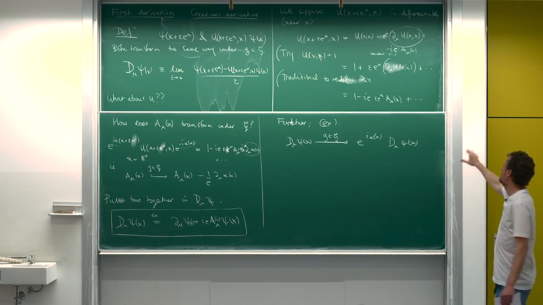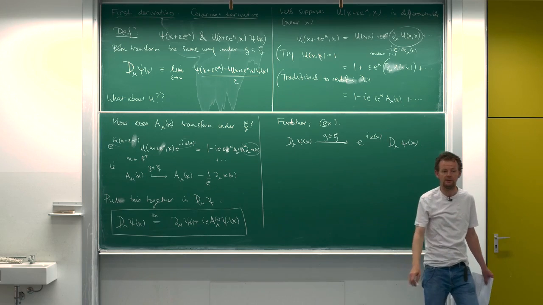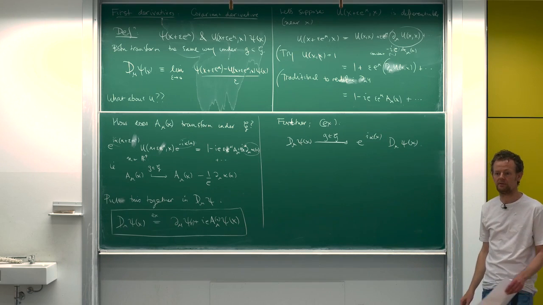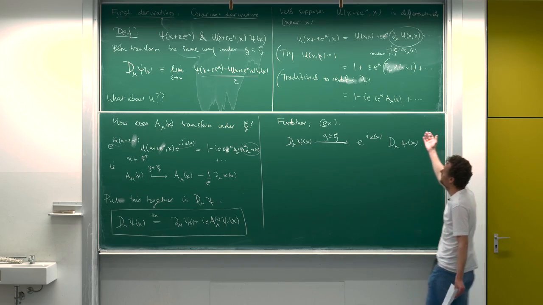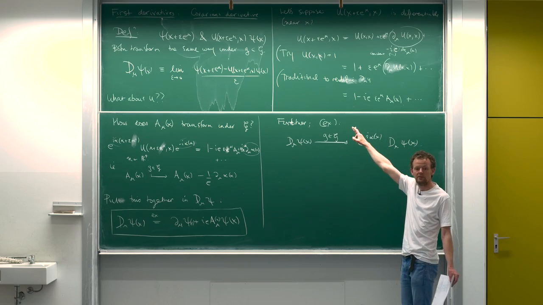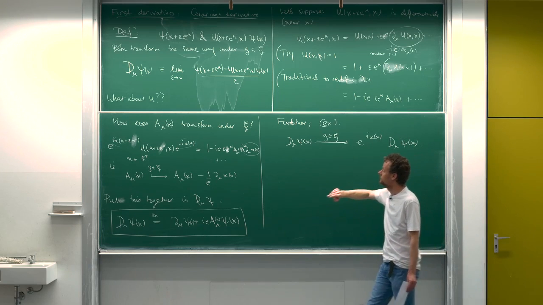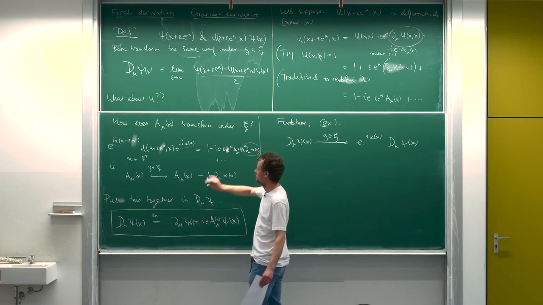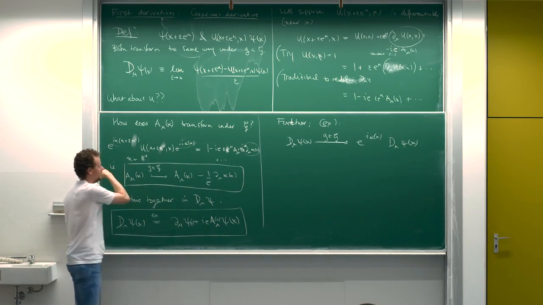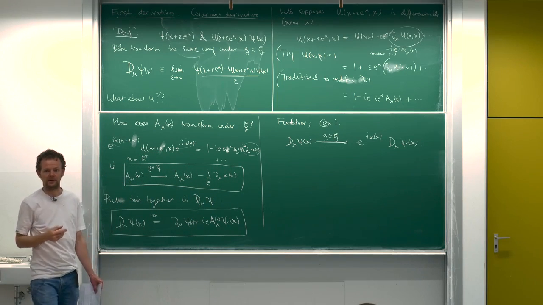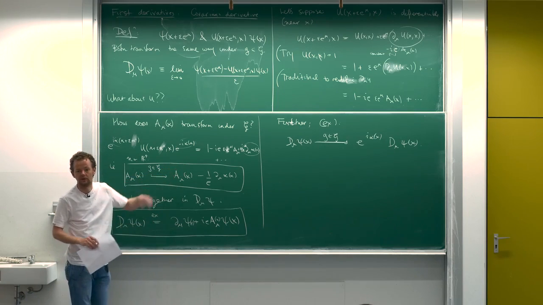For finite epsilon, there are an infinite number of terms in the series for the Taylor expansion of U. But in the definition of the derivative, we take that limit to 0, and it turns out only the first order term has any contribution. And you get this expression, and then using this transformation rule here for this gauge field A mu of x, you can just directly show that this transforms in the correct way.